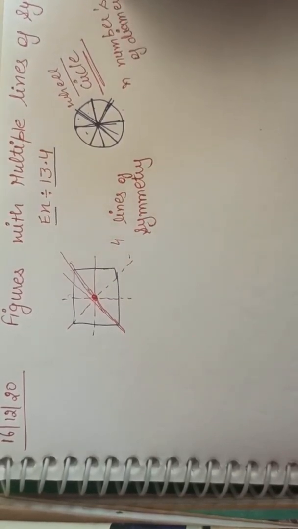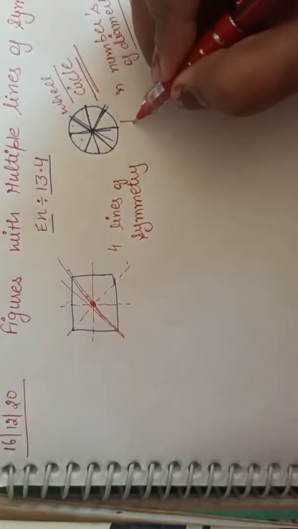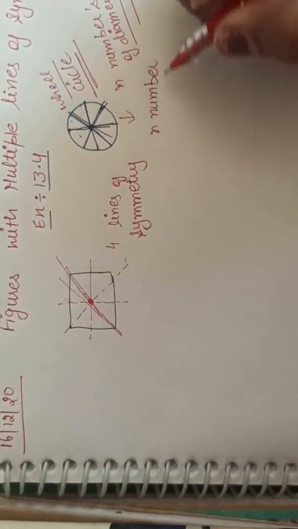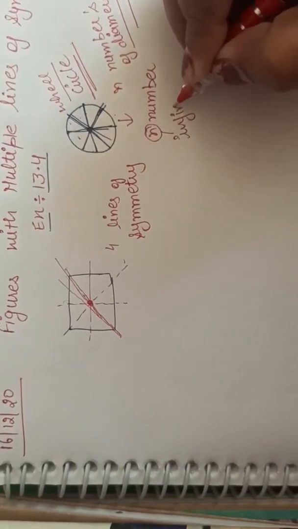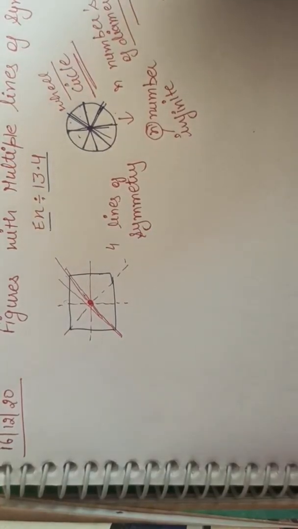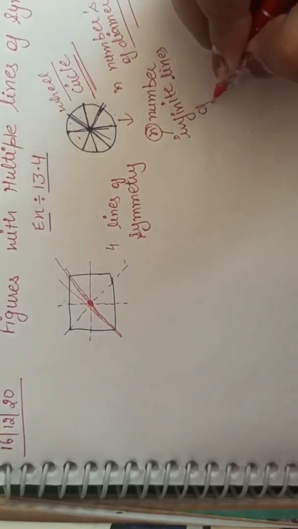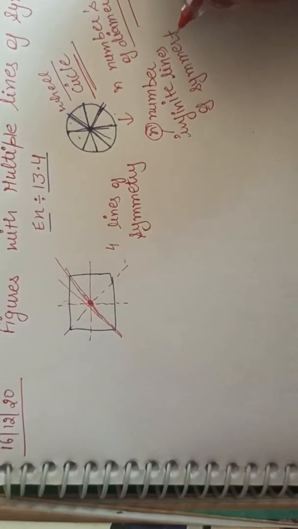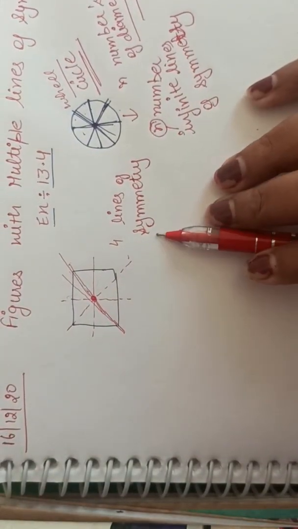So by the same concept, in a circle there are n number of lines of symmetry; here you can take n as infinite, right? Infinite lines of symmetry. Clear? See, 2 we have done. First, in the square, 4 lines of symmetry.